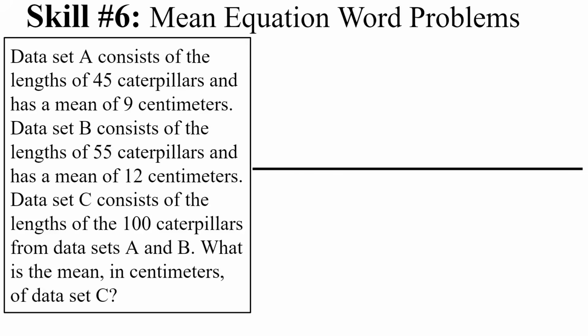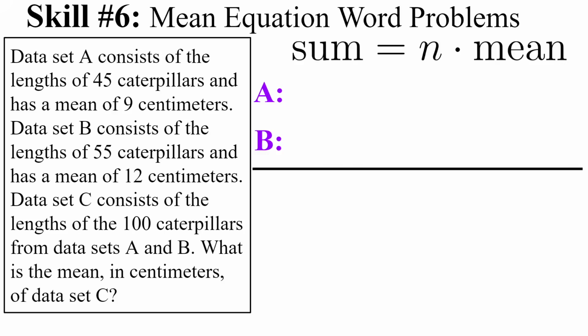All right, so let's look at this problem. This is pretty much directly taken from a DSAT math question. I just changed it up. So we've got two data sets and we're going to combine them. I see that they gave us n and they gave us the mean. So probably finding the sum is going to be helpful. Hopefully that makes intuitive sense.